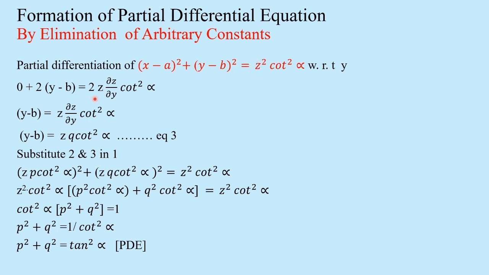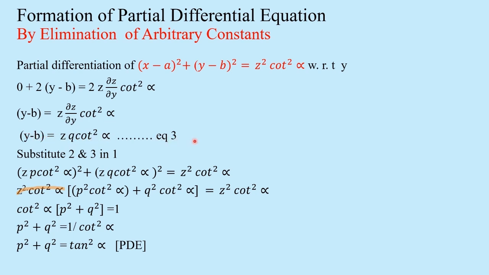So we get 2 into y minus b into 1 is equal to, here z square will become 2z, and then again differentiation of z is dou z by dou y, and this is a constant, we'll keep it as such. Simplifying it, we get y minus b is equal to z dou z by dou y cot square alpha.